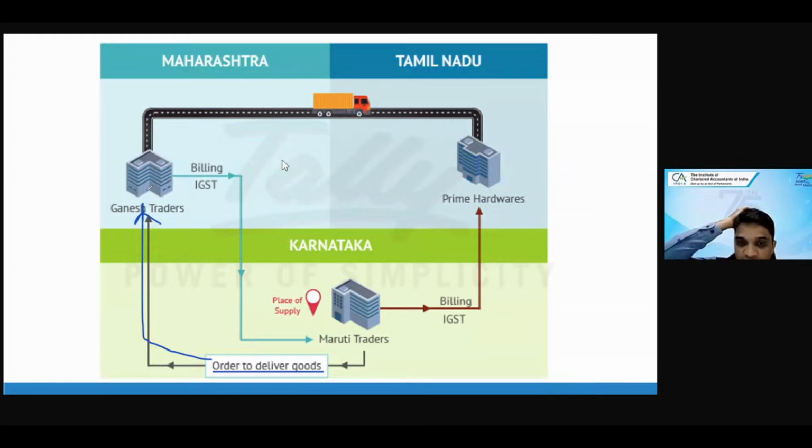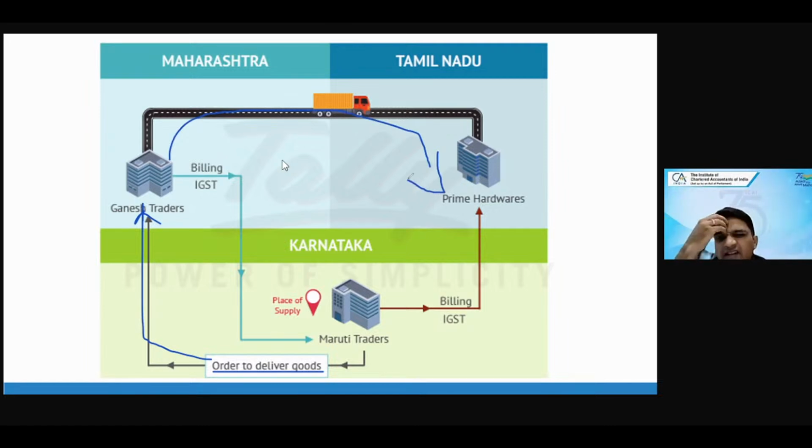Now, when Ganesh Traders wants to ship it, Maruti Traders from Karnataka says that, boss, you anyways want to ship it, don't ship it to me. Ship it to my customer at Tamil Nadu. So Ganesh Traders will ship it to Prime Hardwares, which is in Tamil Nadu. At whose instructions?